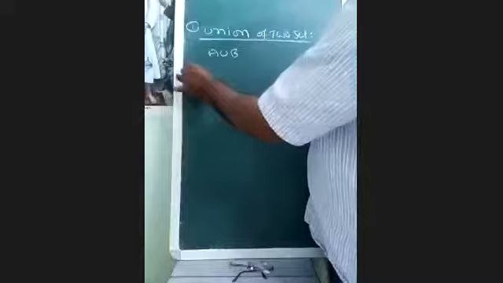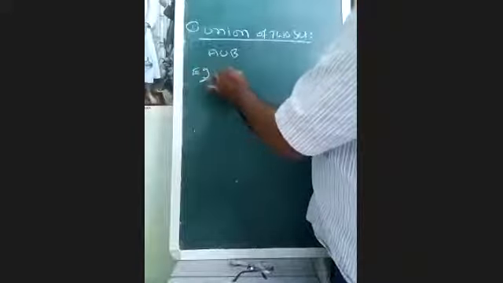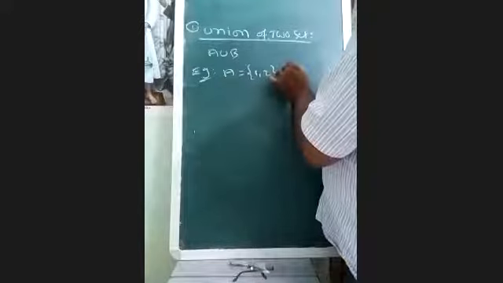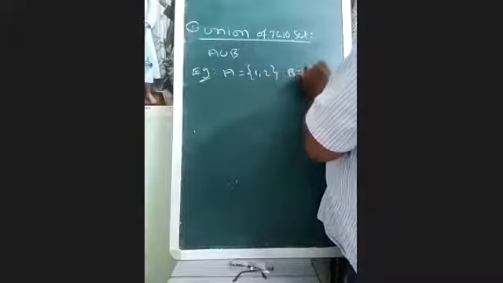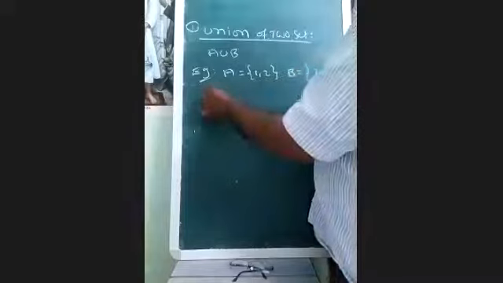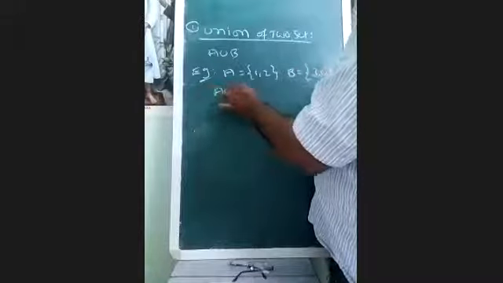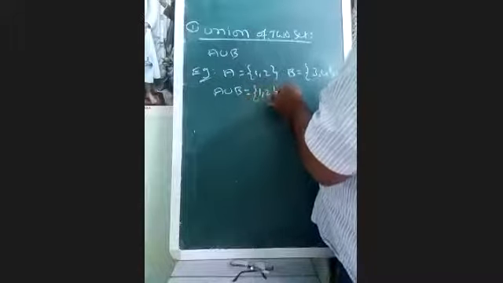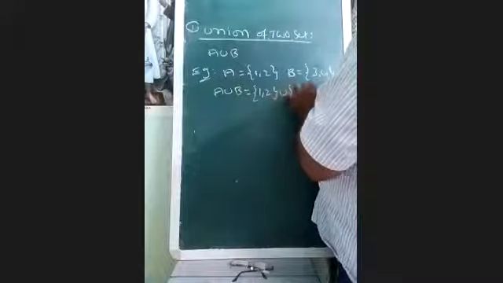For example, set A is equal to {1, 2}. Set B is equal to {3, 4}. You have to find A union B. A union B means set of 1, 2 union set of 3, 4.